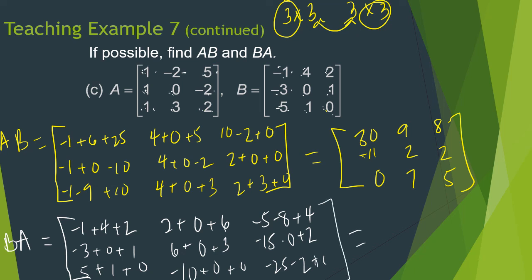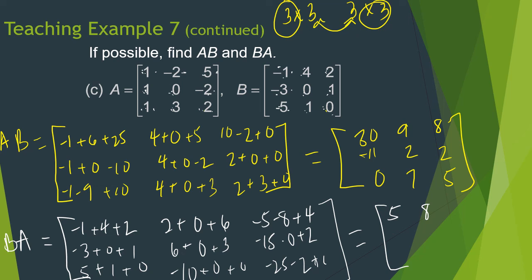So we have -1 plus 4 is 3. 3 plus 2 is 5. 2 plus 0 is 2. 2 plus 6 is 8. -5 minus 8 is -13.